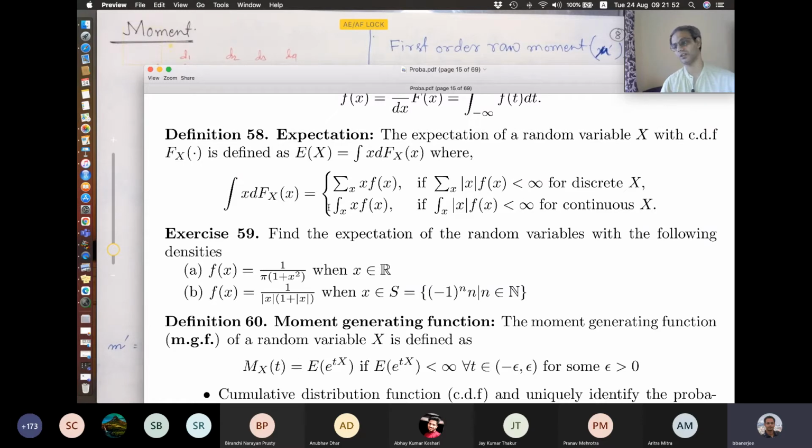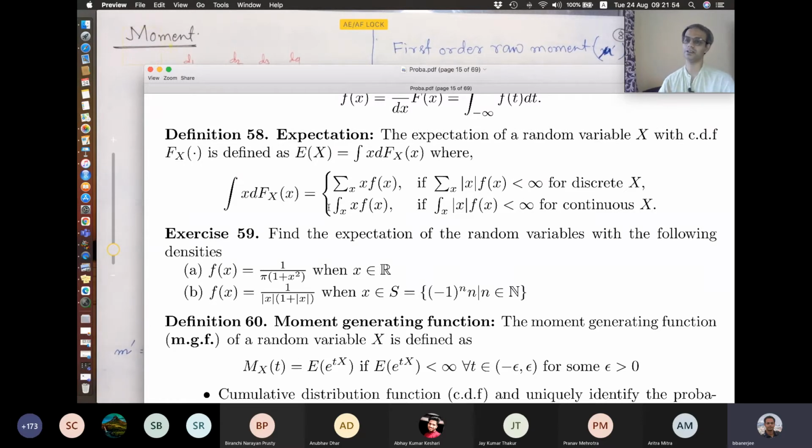The first order raw moment, the theoretical moment, is known as the expectation of a random variable. The expectation of a random variable X with CDF F_X is defined as follows, which is the generic notation. Some books follow this notation so that they can define it for discrete and continuous valued random variables together.